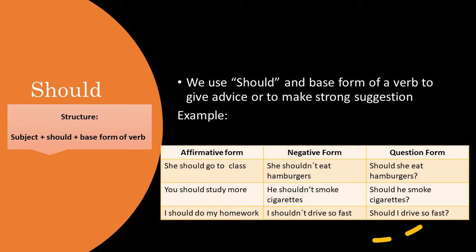So these are all the different ways we can use should. So remember that we use should to give advice or to make strong suggestions, right? And now I'm going to explain how you can use could, okay?